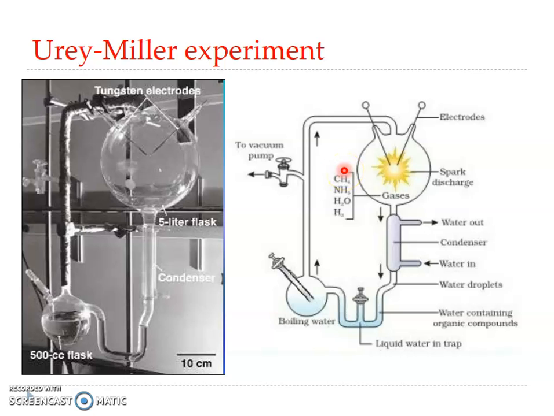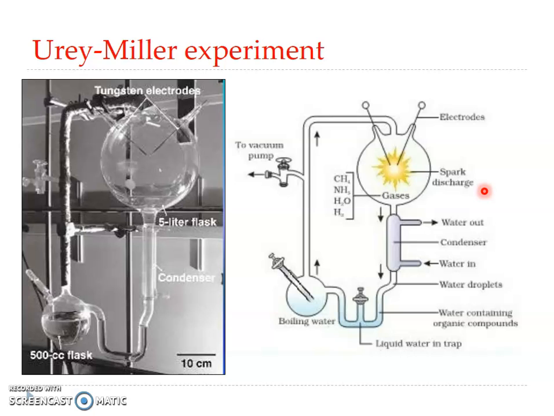Now what they did is they subjected methane, ammonia, hydrogen, and water to heat and electrical discharge, and they managed to produce the same primitive conditions of the earth inside this chamber, inside the laboratory, inside this flask.